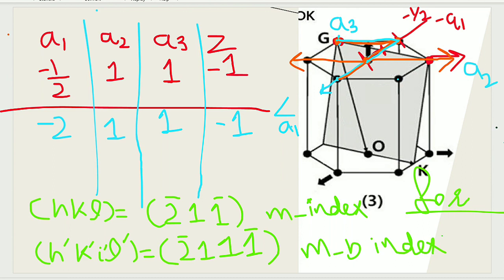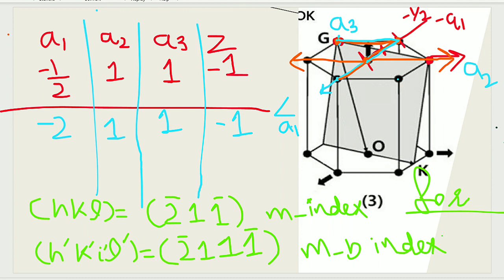Since H and K are given, and H and K are also H prime and K prime, simply using an equation like I prime equals negative of H prime plus K prime, you can put the values right into this equation and find the value of I prime.